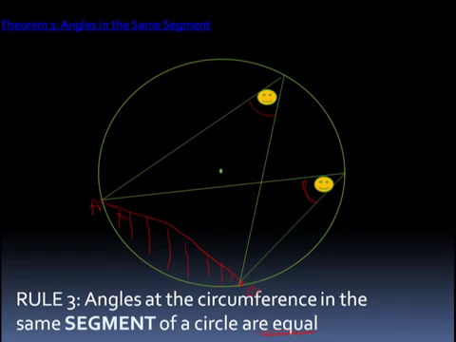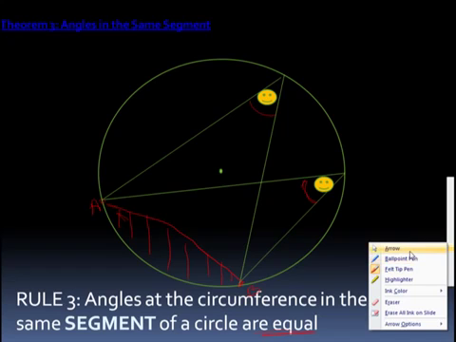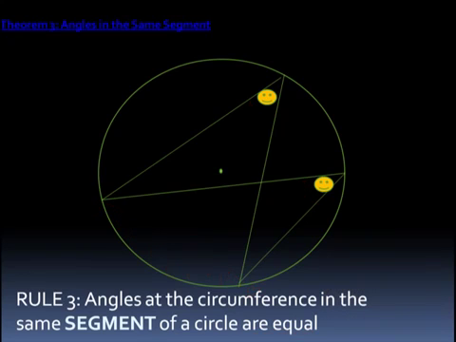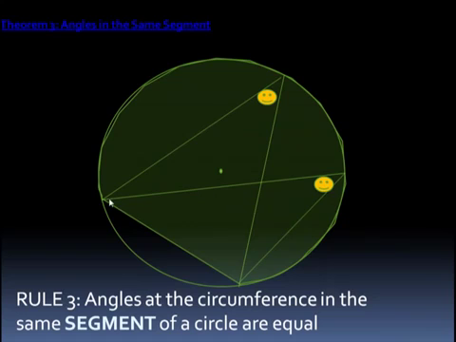Okay, so let's look at that again in another fashion. If you notice, the same two angles that we have here are standing on the same points A and B. We can also see they are actually in the same segment because this line here cuts the circle in two segments, the minor segment and the major segment.